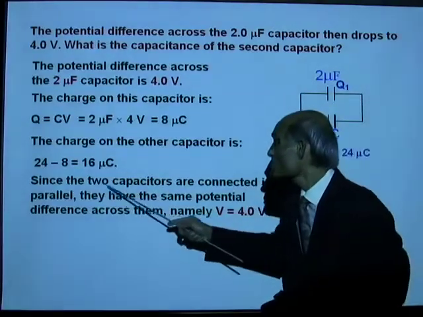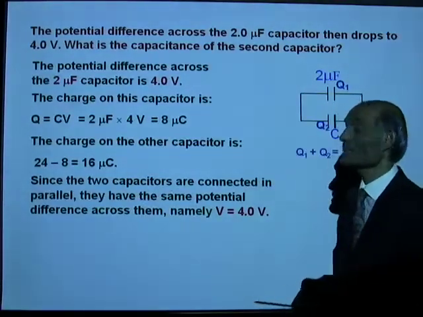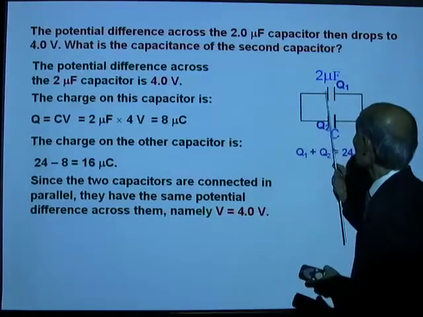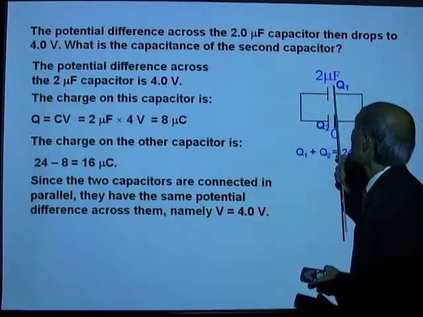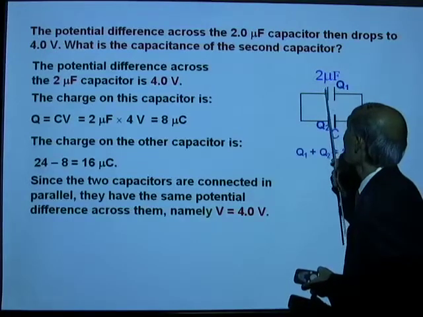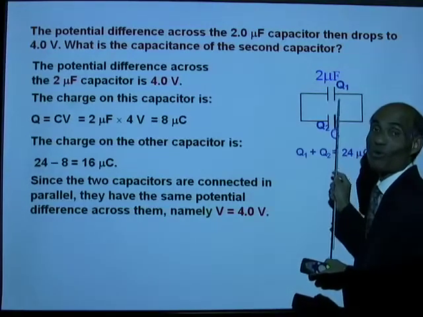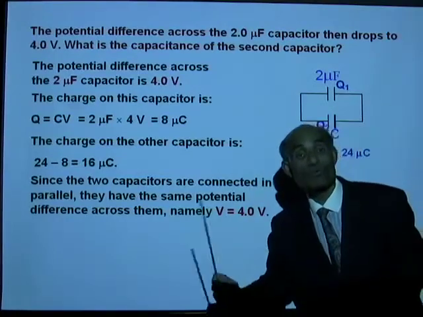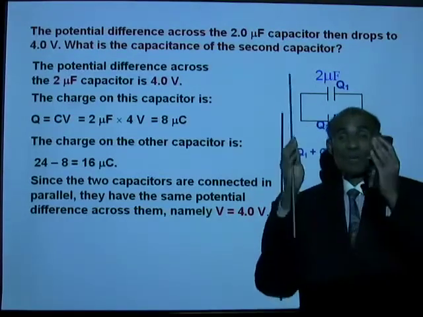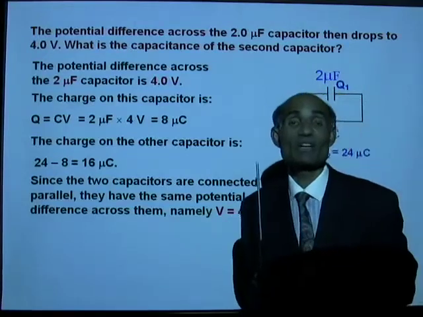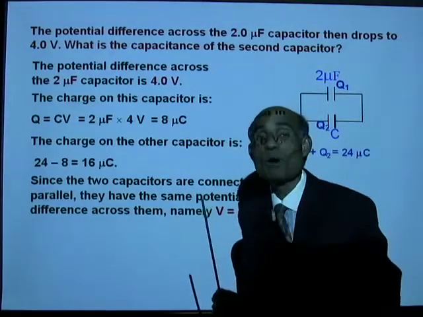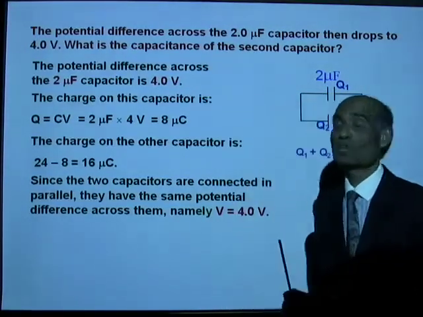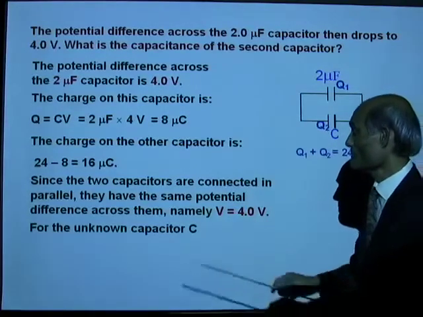Now, since the 2 capacitors are connected in parallel, that means if the potential drop across the first capacitor is 4 volt, the potential drop across the second capacitor also is 4 volt. Because when capacitors are connected in parallel, they both have the same potential difference across them.